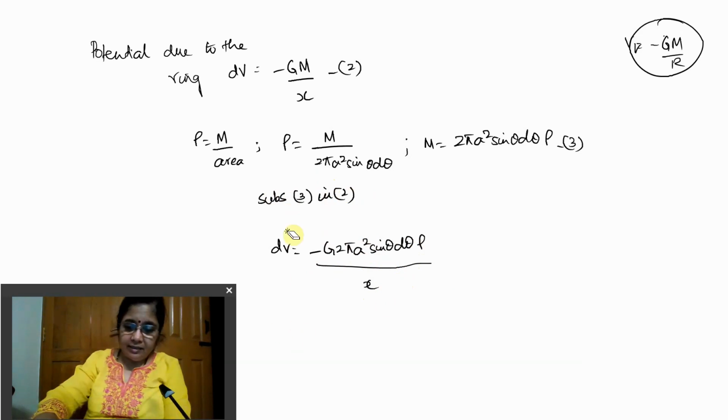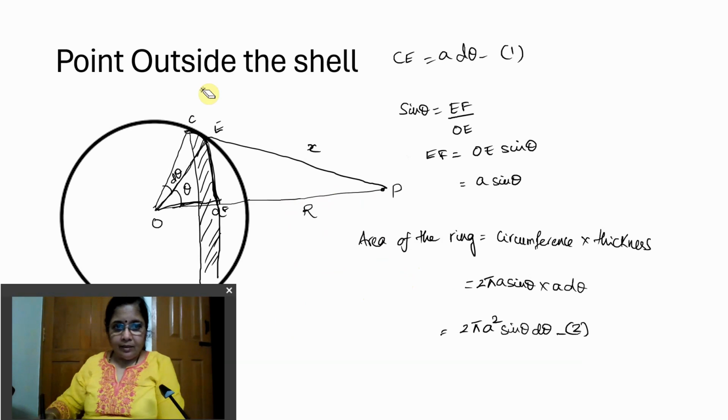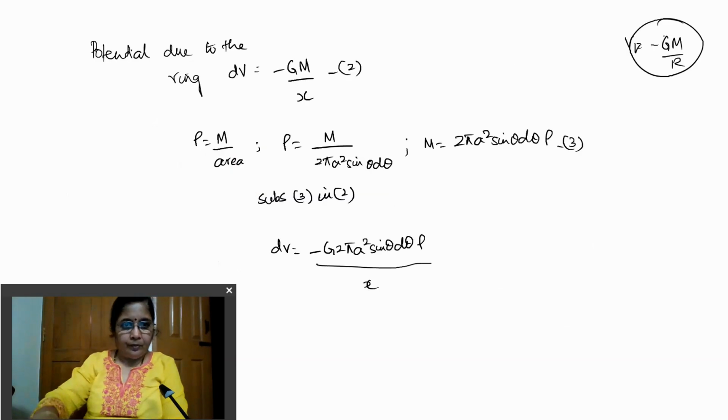For that, let me consider this triangle. When I consider this particular triangle, using the law of cosines, I can give EP square as equal to OE square plus OP square minus 2 OE into OP cos theta. Let me write that now.